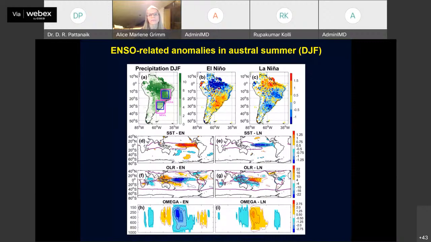We have below normal precipitation in the Northeast of South America, and above normal here in Central East and Southeast South America. In the opposite, more or less, during La Niña.